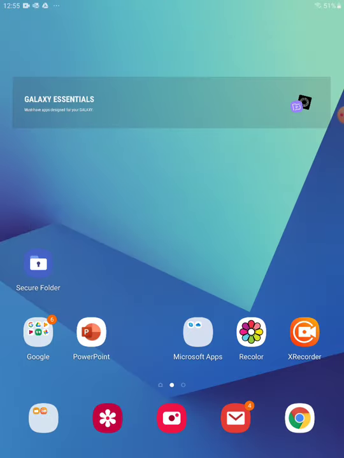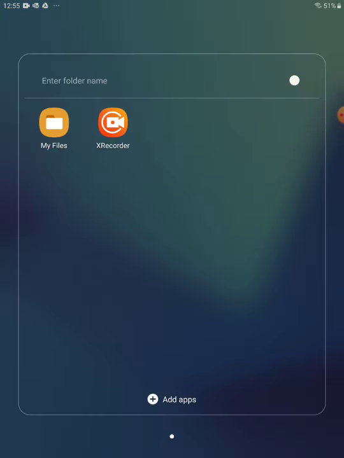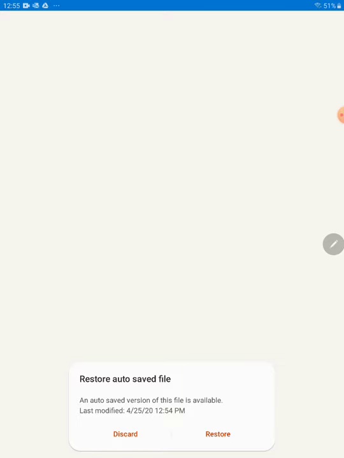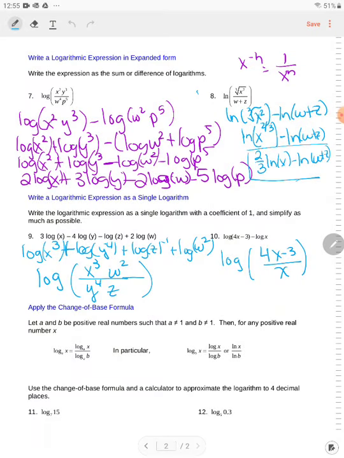So we will look at that. So we're going to do log 15 divided by log 7. And here we're going to do log of 0.3 divided by log 5. And let me just double check those numbers there.